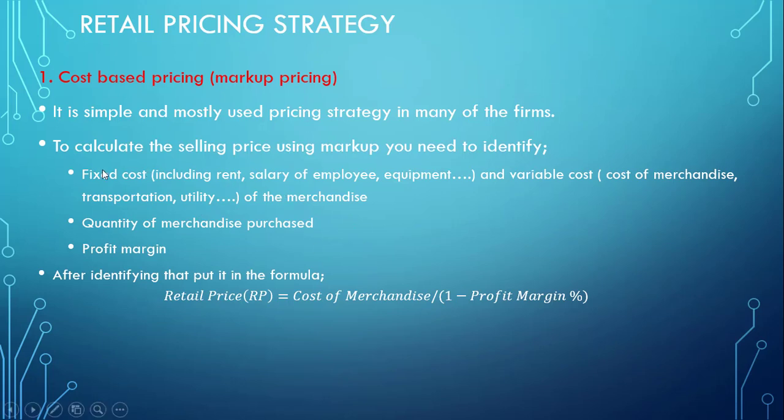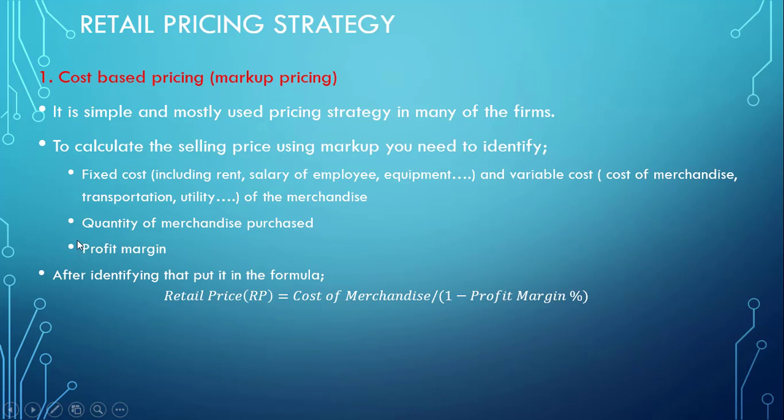In general, it is known as total cost when you add the fixed cost and the variable cost. Again, you need to think of the quantity of merchandise that you'll be purchasing. This is the other factor you need to consider in setting cost-based pricing.